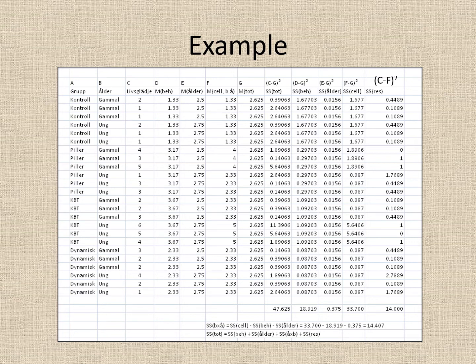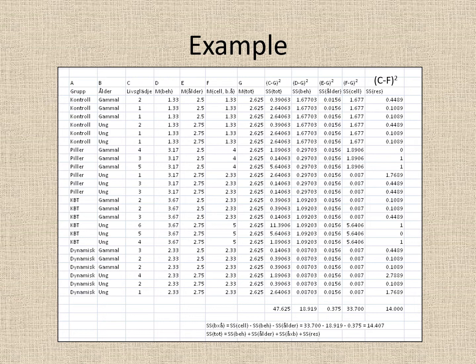So the sum of squares for the cells is 33.7, and we take minus whatever can be explained by treatment, 18.9, and minus the amount that can be explained by age category, 0.4. And what we have left here is 14.4. So that is the sum of squares that is explainable by the interaction between treatment and age category.